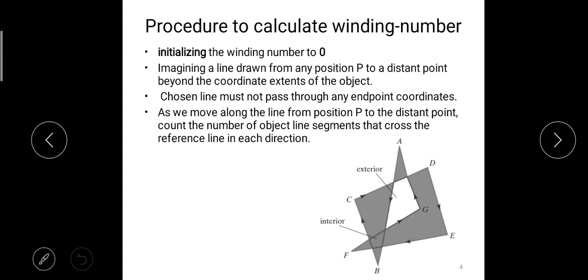So here, if you take this line, there are two line segments: one is from A to B, and the direction is from right to left, and one more line segment is C to D, which is left to right.